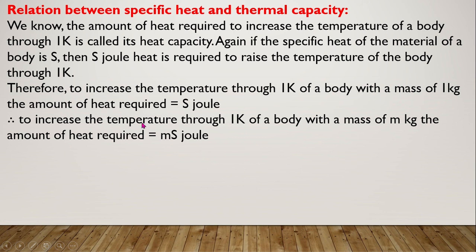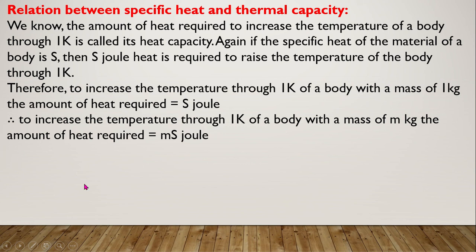So to increase the temperature through 1 Kelvin of a body with a mass of m kg, the amount of heat required is ms joule. For a 1 kg object, to raise temperature 1 Kelvin, S joule heat is required. So for an m kg object, to raise 1 Kelvin temperature, ms joule heat is required. Just the unitary method.